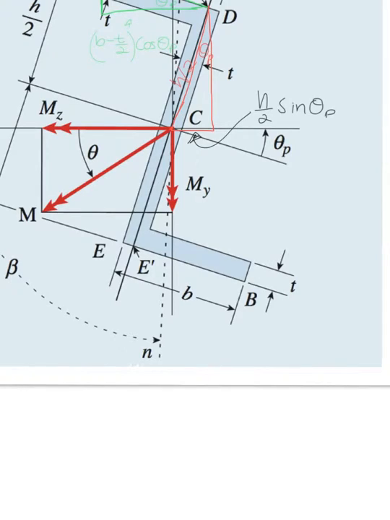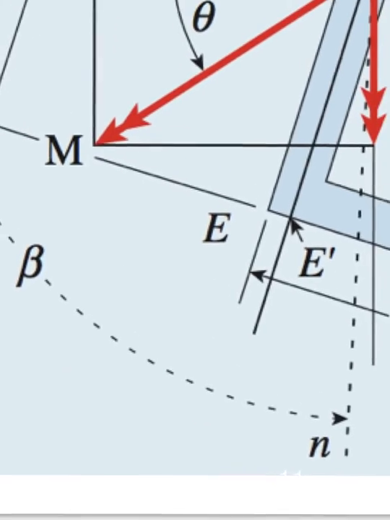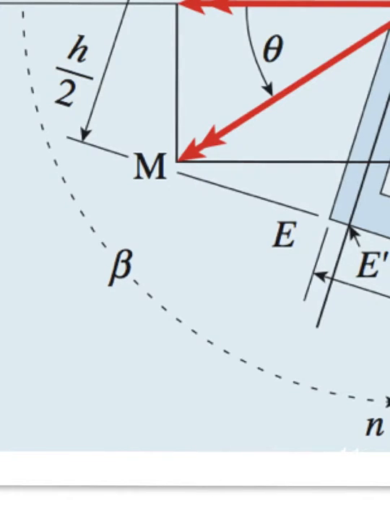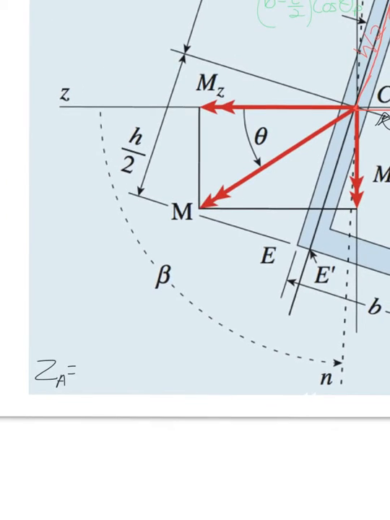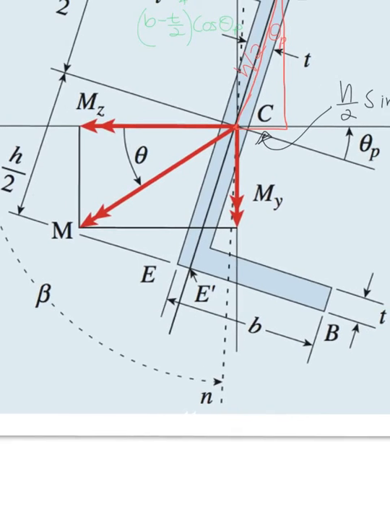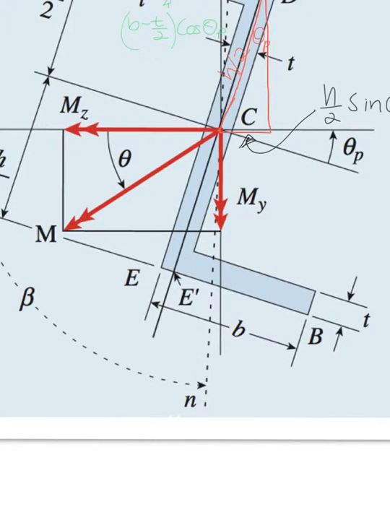Therefore, we will have ZA is equal to, just zoom out a little bit, b minus t over 2 the cos of theta p.